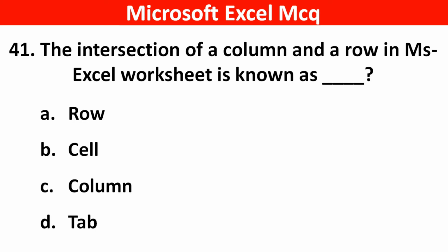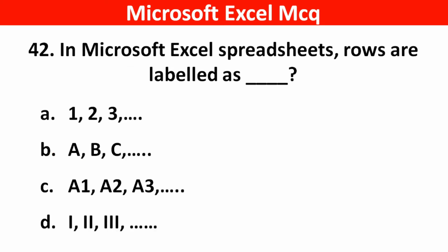Next question, the intersection of a column and a row in an MS Excel worksheet is known as dash dash. Right answer is option B, cell. Next question, in Microsoft Excel, spreadsheet rows are labeled as dash dash.